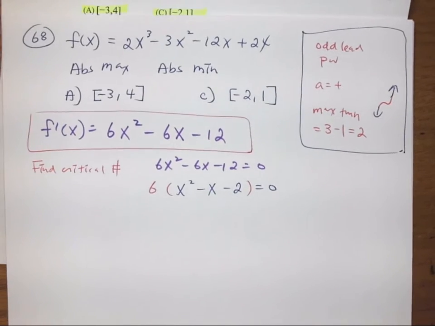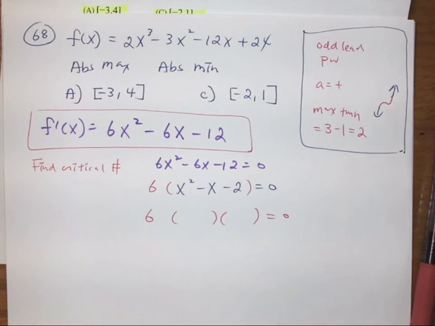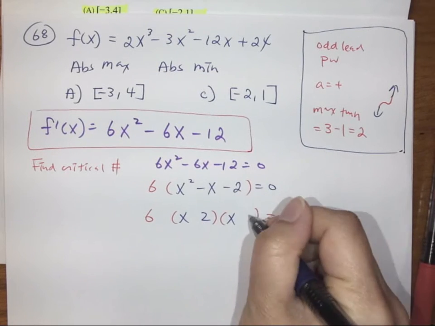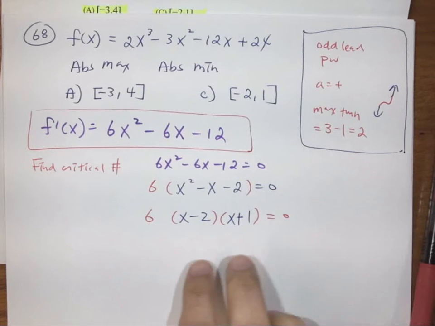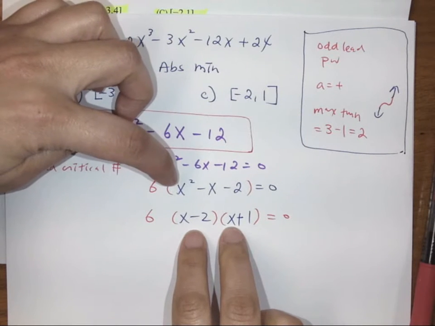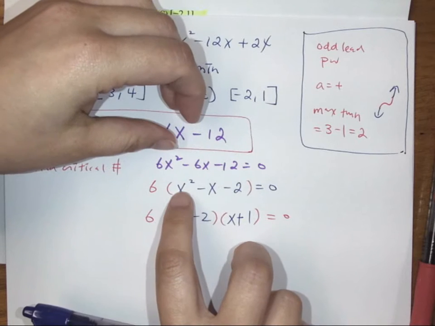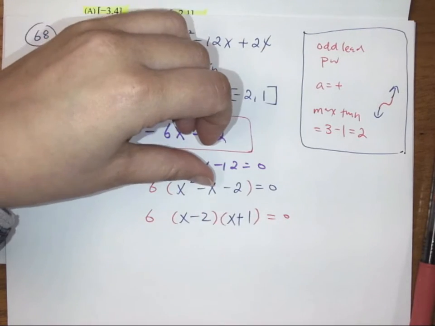Hopefully you know how to factor pretty well now. If you factor that, what do we get? It's going to be x and x, and then 2 and 1. This one is bigger, so negative, but we can double check: x times x is x squared, negative 2 times 1 is -2, and outside we have plus x minus 2x, which is -x.